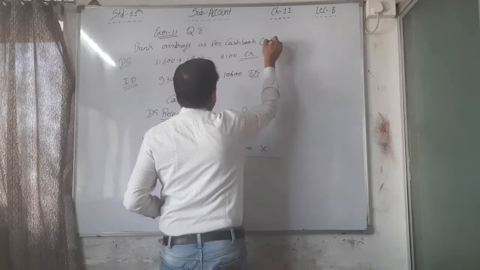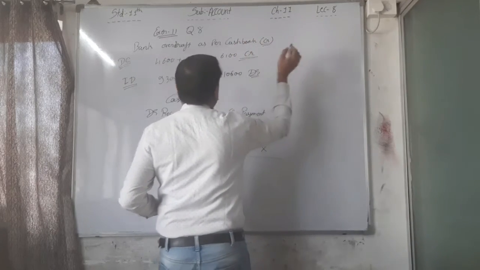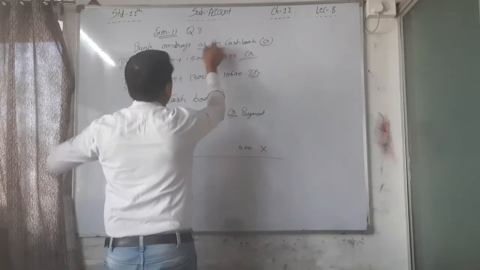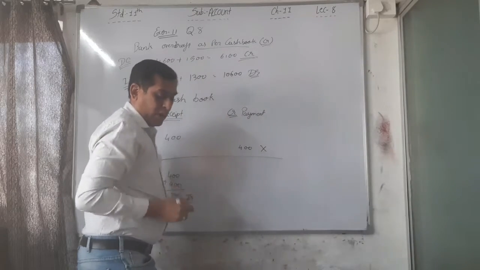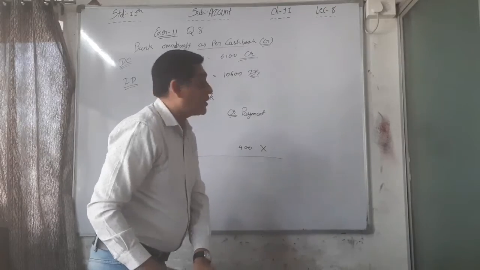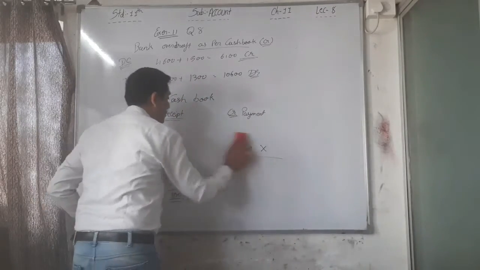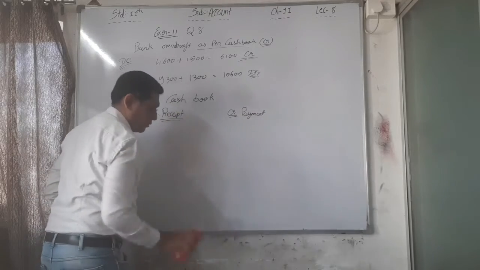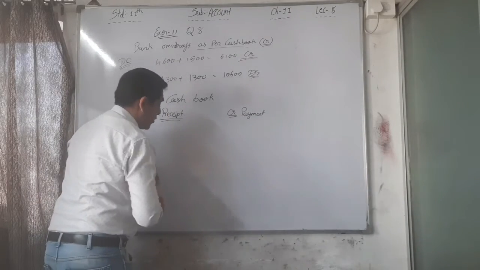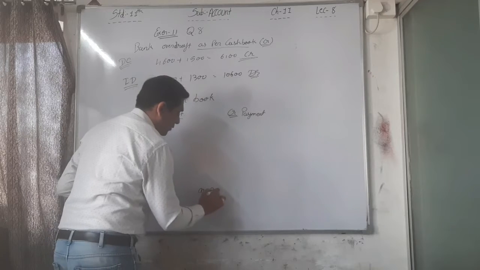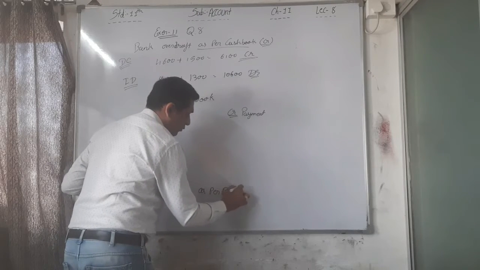That's why credit. Now as per cash book what is there? As per passbook, the last line is as per passbook, that's why here we have to write down as per passbook.